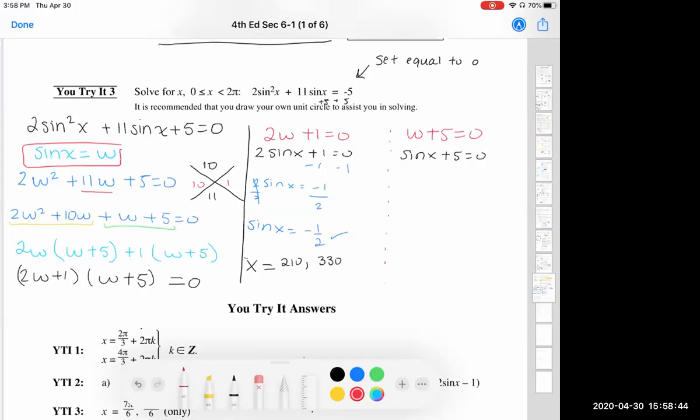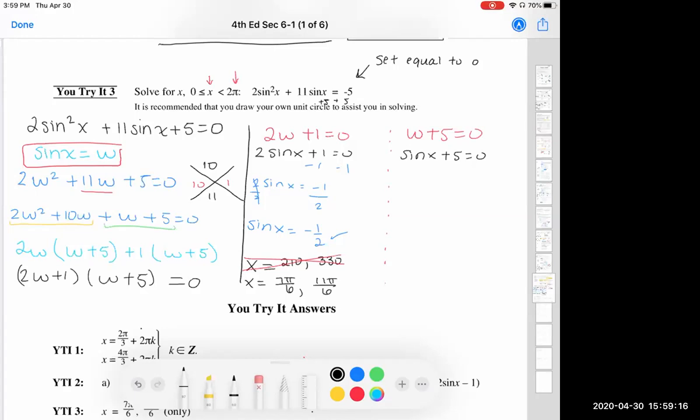But I already made a mistake, because we have x and it's telling us to use radians. So we have to make sure to write radians. We want x is equal, instead of 210, 7 pi over 6. And instead of 330, 11 pi over 6. I purposely wrote that above because if you're using a unit circle, you can easily go back between radians and degrees. It's written right next to it.